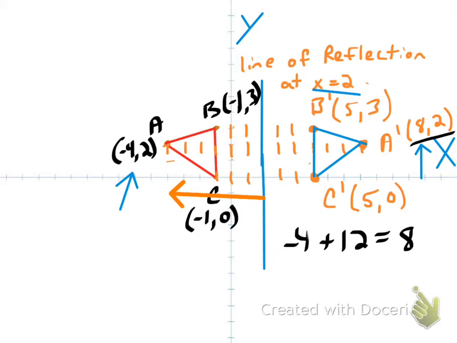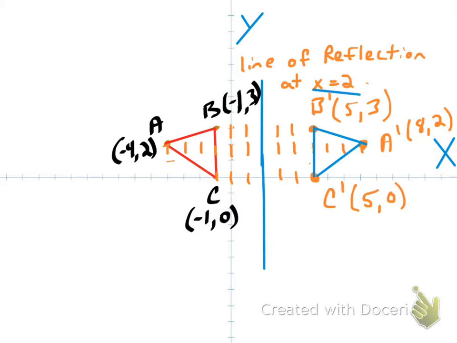So let's try it out on the other points. Let's try it out on C. Here's C and here's C prime. How far is C away from the reflection line? Let's see. 1, 2, 3. It's 3 away, so double 3 would be 6.